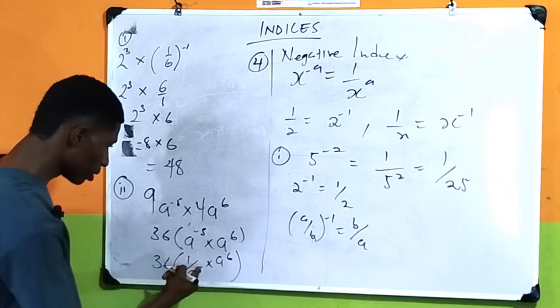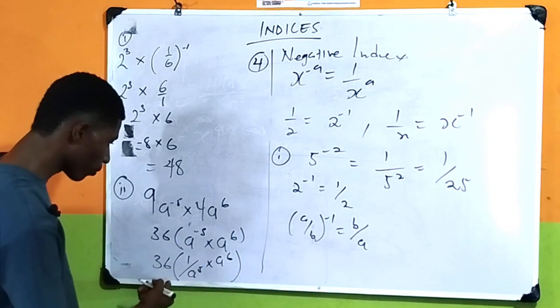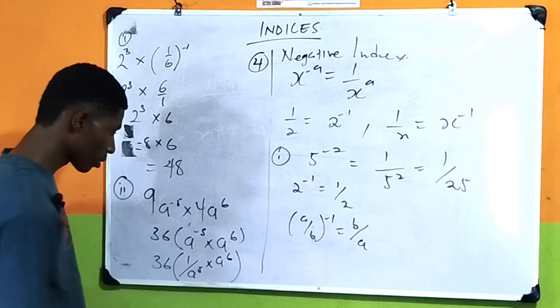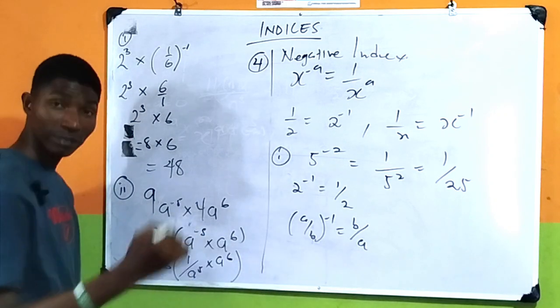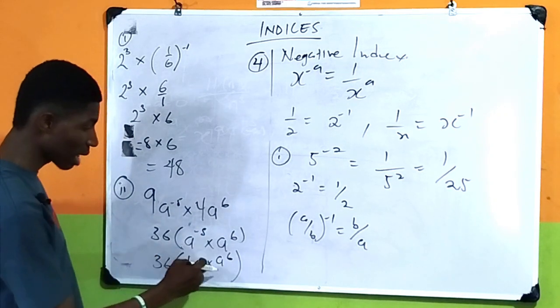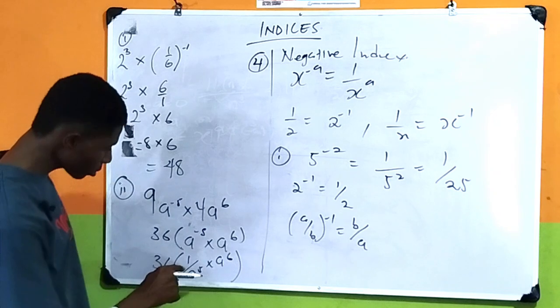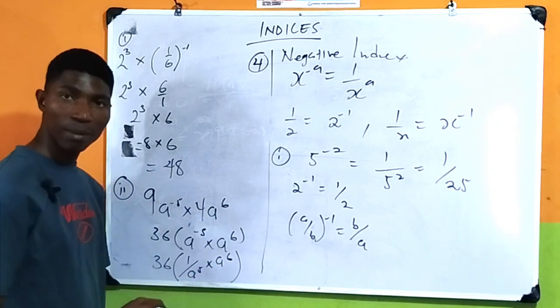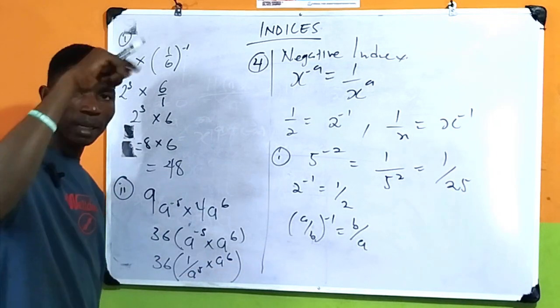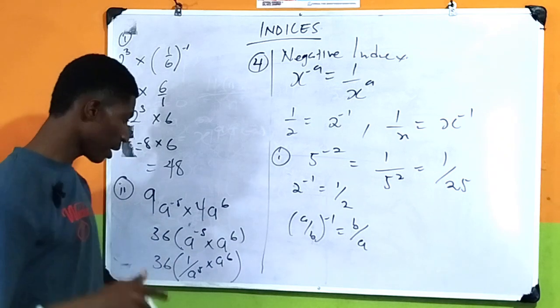Obviously, it's from the division law of indices: a^6 divided by a^5, because 1 times a^6 is a^6. So a^(6-5) is equal to a.